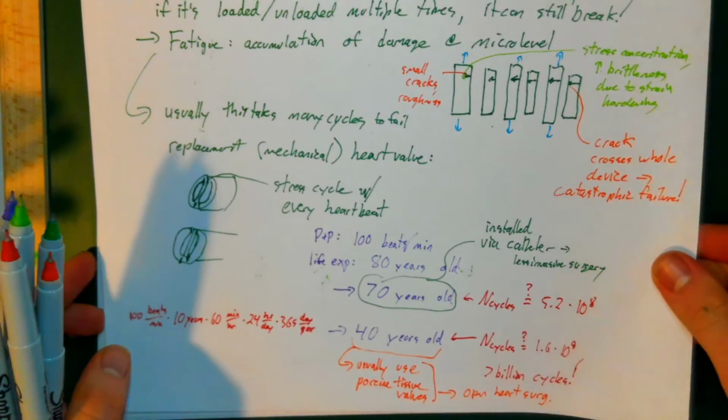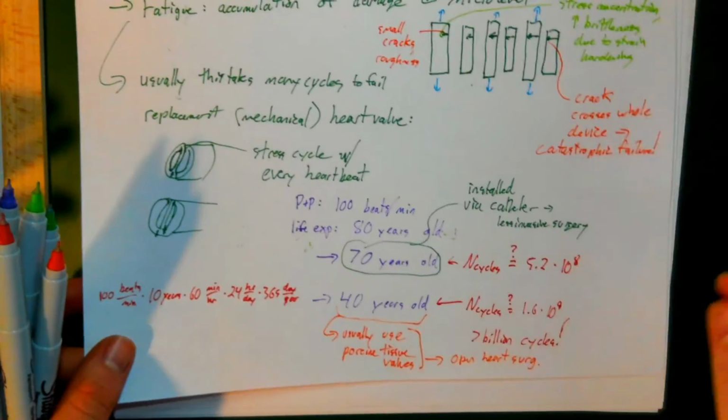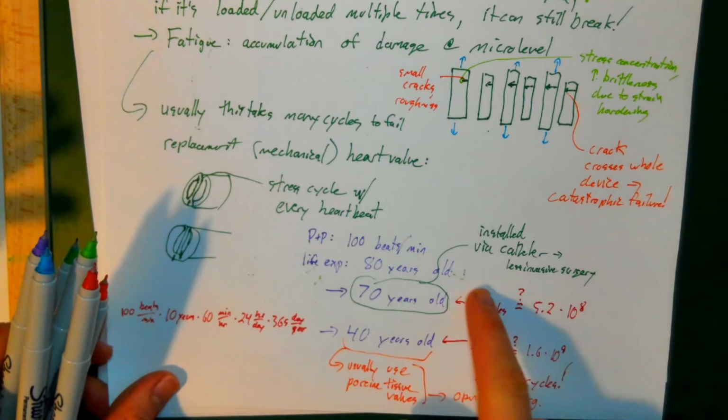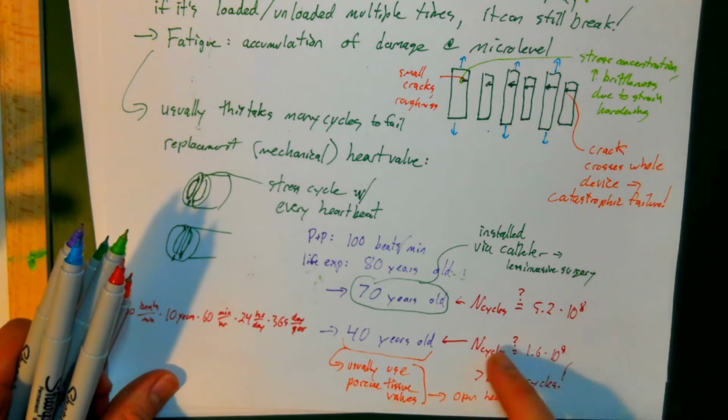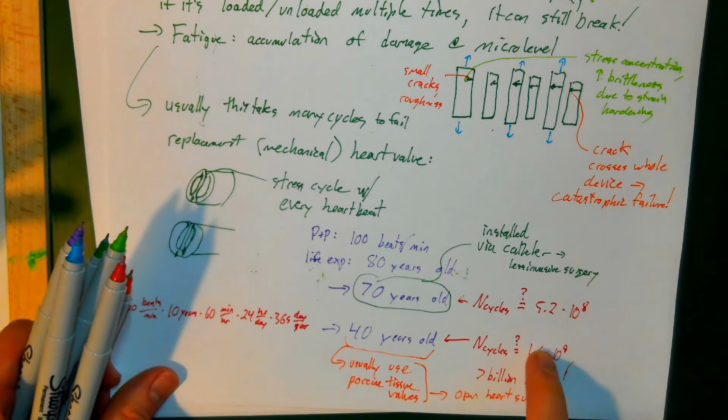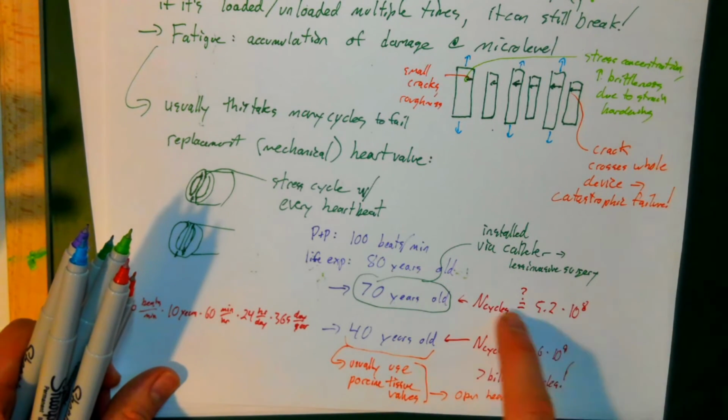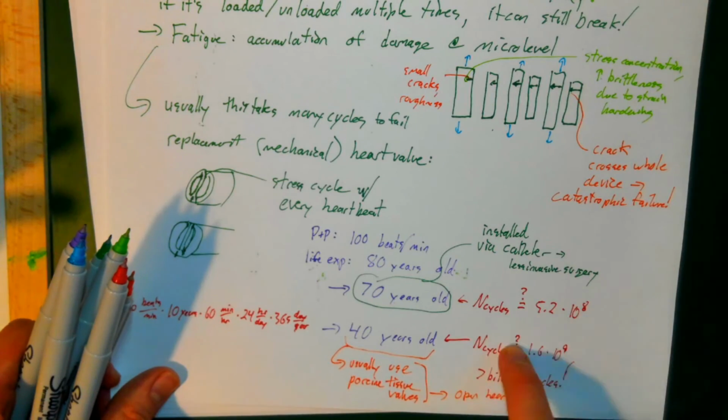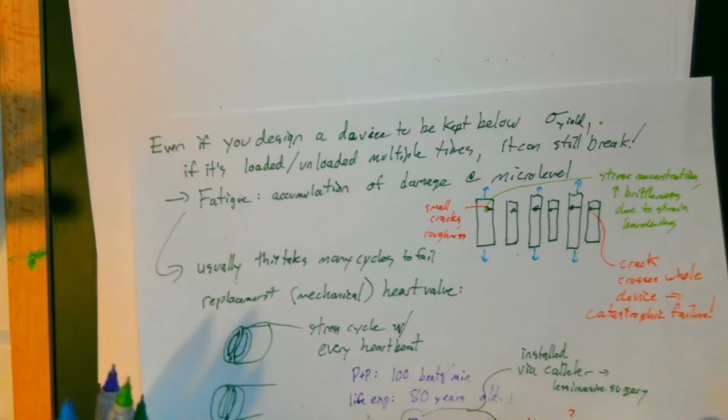But how do engineers know? How do engineers know what a safe limit is, right? There are some number of cycles here. How did engineers know that this number of cycles would be too many, but this number of cycles would be okay?